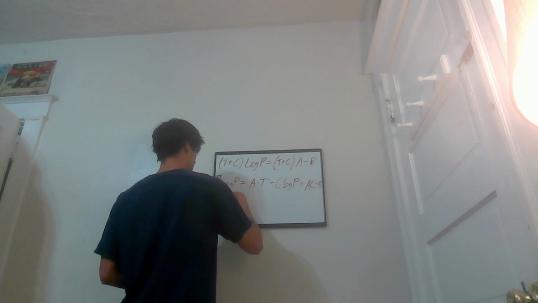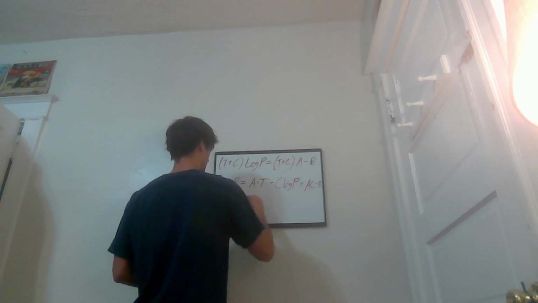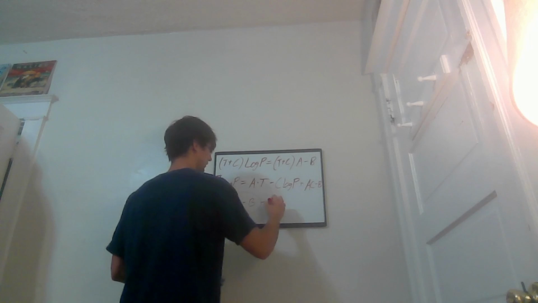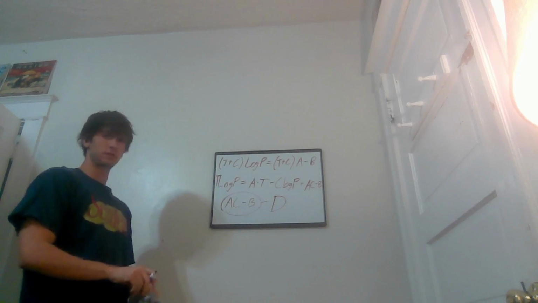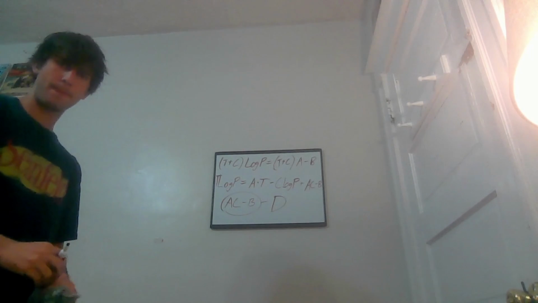This ac minus b is just a constant that we are going to turn into a d, as you can see.